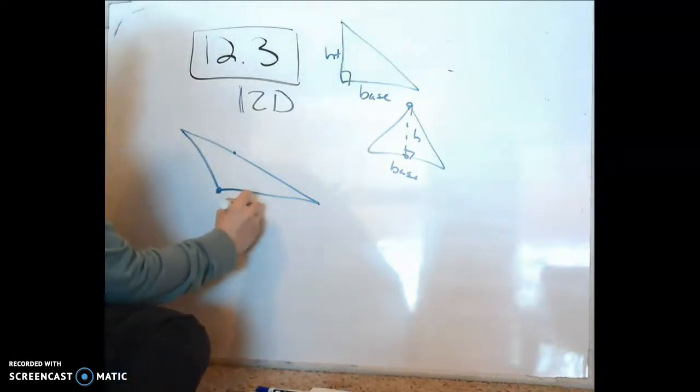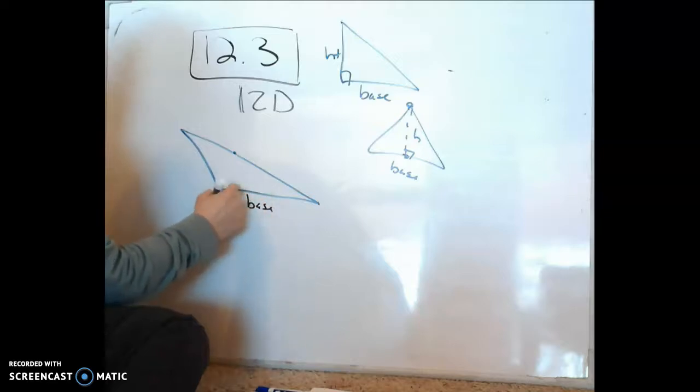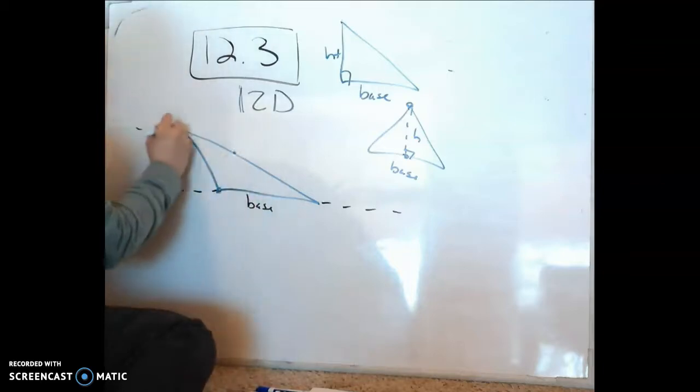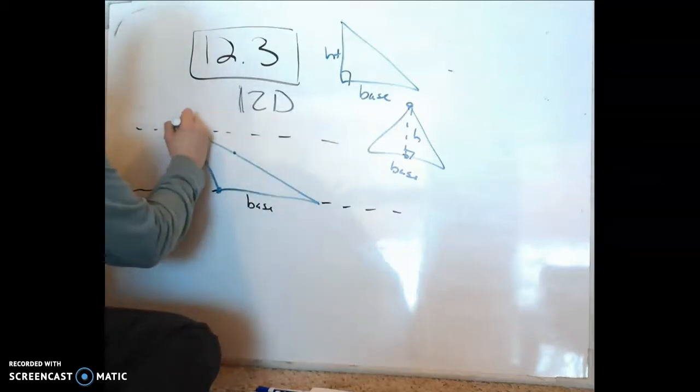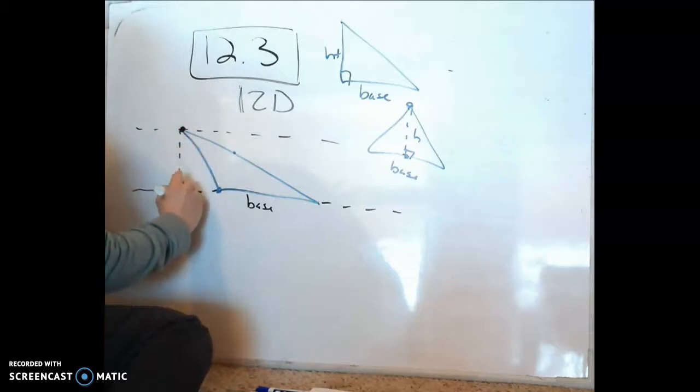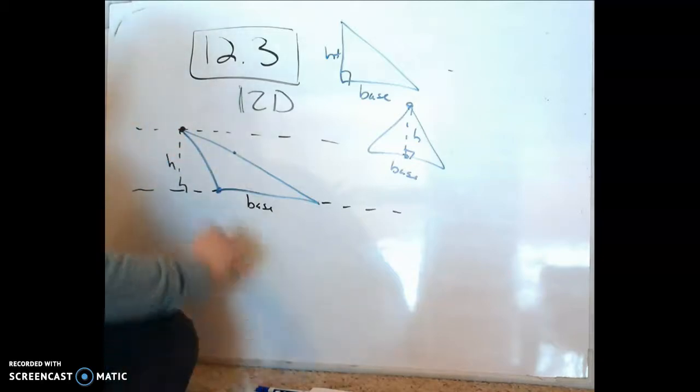So if I want this to be my base, I need from the lowest point, which is on this level, this is my lowest point on my shape, I need it to go to the highest point on my shape, which is this point right there, at a right angle. And so notice what is going to happen is your height is going to be outside your triangle.